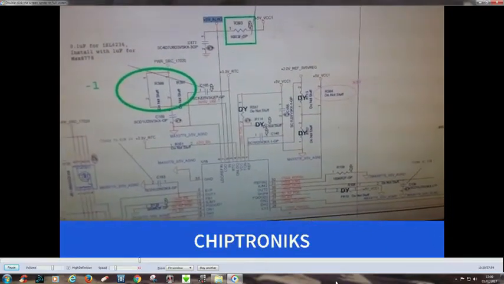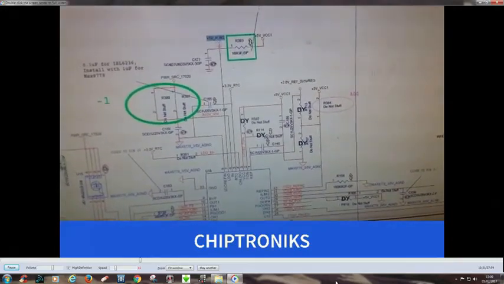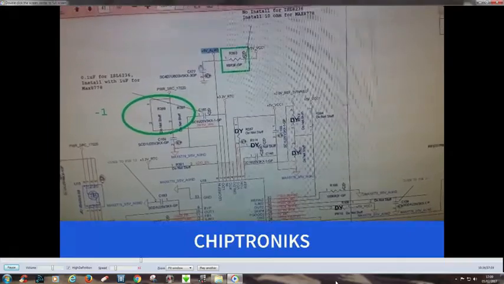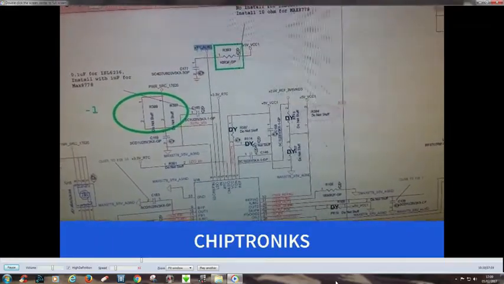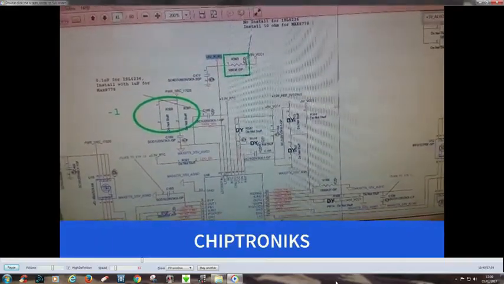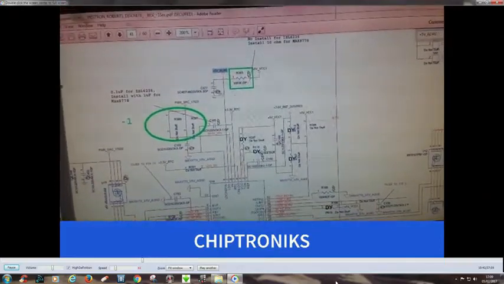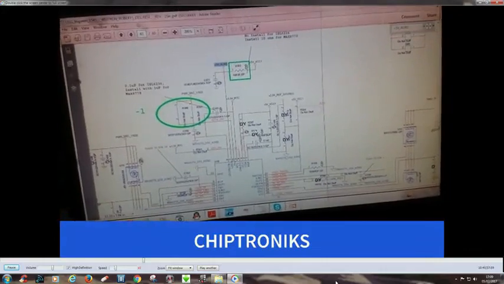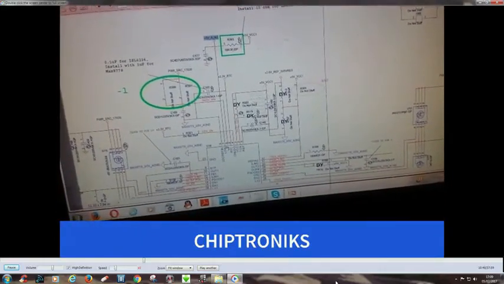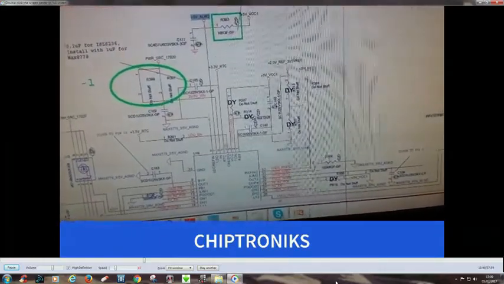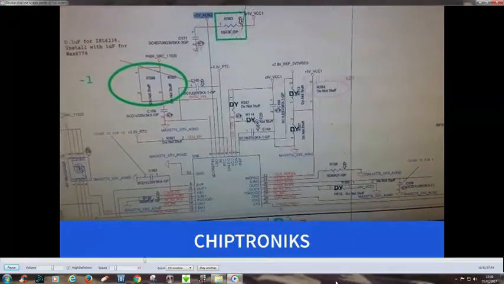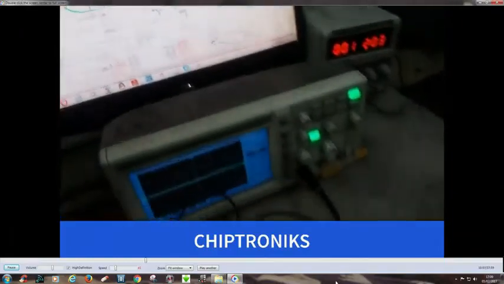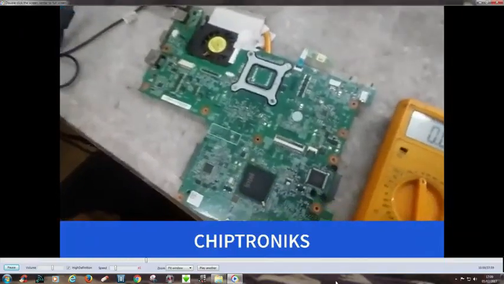You can check voltage at the components connected with this pin, like over this capacitor. If you have to check the LDO output, you can check whether this capacitor has that voltage or not, because when you are checking voltage at the pins, there might be problems that it may get shorted. So always check voltage at the related components. So check at this capacitor to find whether the 5 volt is coming or not.